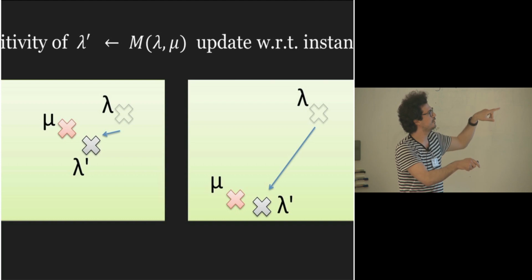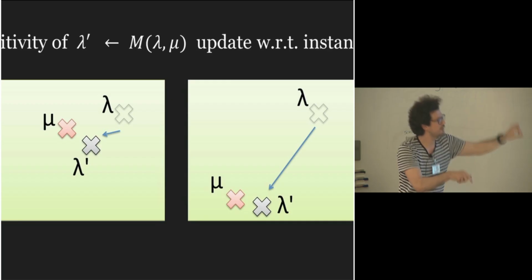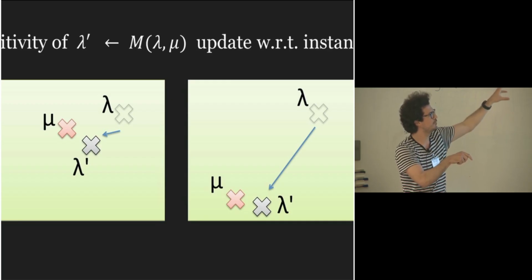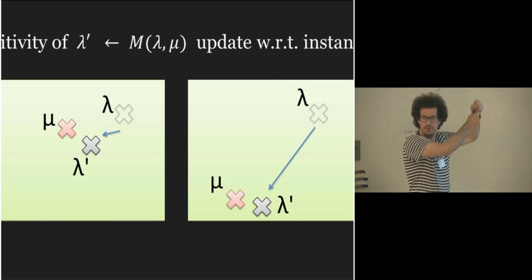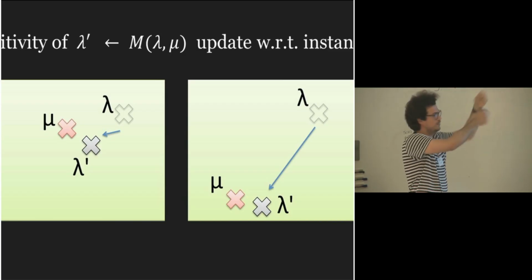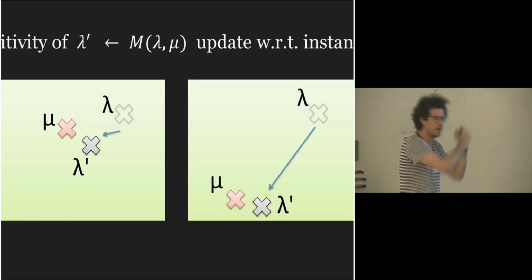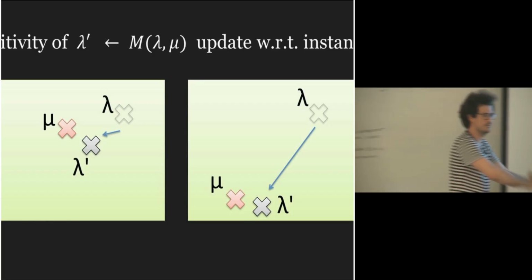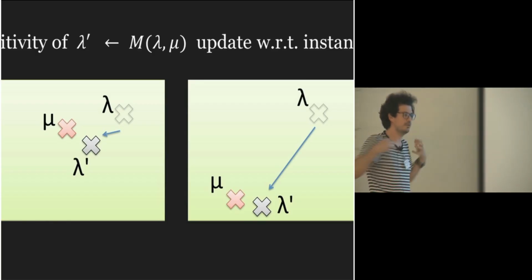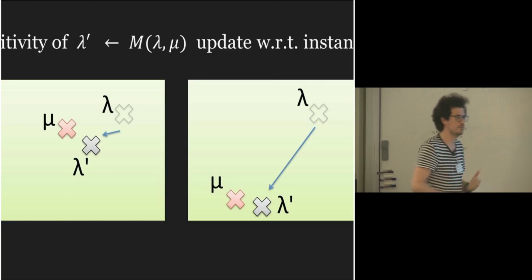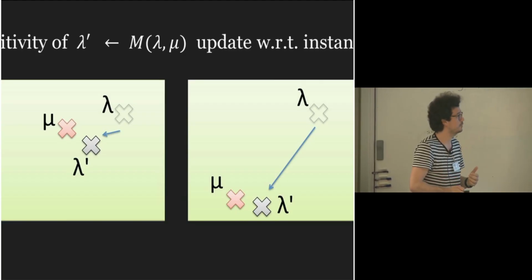The picture is this: this is the truth, this is your current iterate, this is where you're going to go next. If you're sensitive with respect to the truth, this means that if I move the truth from here to there, the change of the instance is carrying you with it. Intuitively, that implies that you're making progress towards the truth.